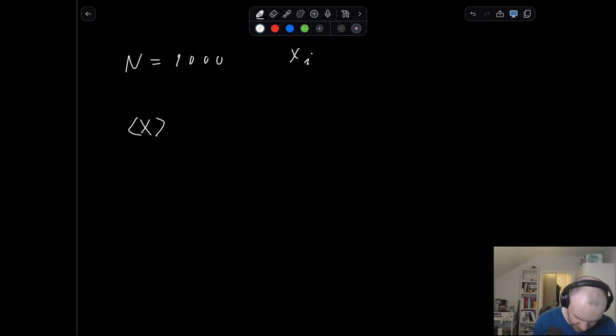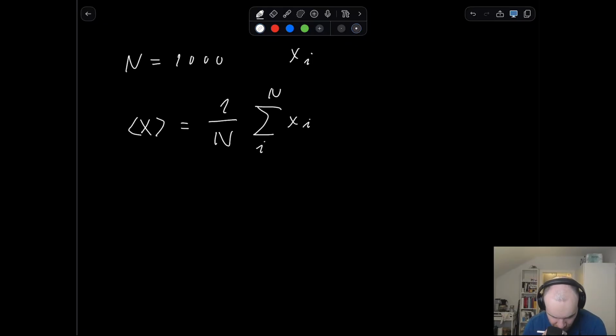We write this notation for the mean, and that is just 1 over n times the sum of x of i, with i from 1 to n, like that. That should be correct.